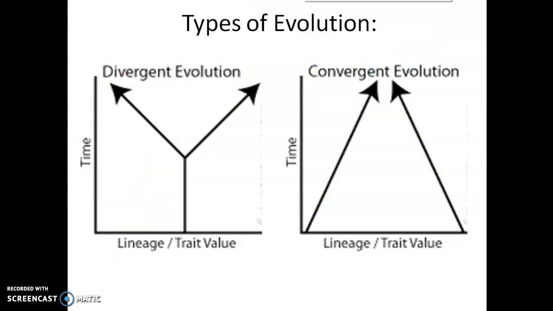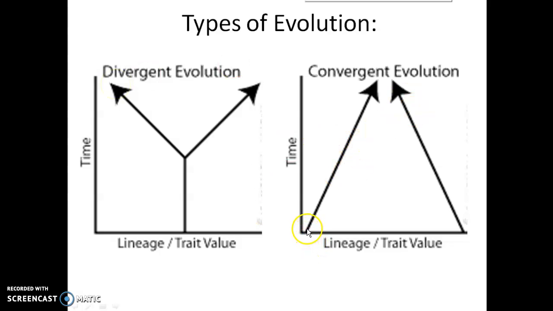These two charts, I would make sure you look at them and understand them. Basically, with divergent evolution, we have something coming from a common ancestor, so here, and then as those species start to adapt and speciation occurs, especially if we have disruptive selection, that's going to cause the species to diverge from one another. Meaning as time goes on, those species become more and more different.